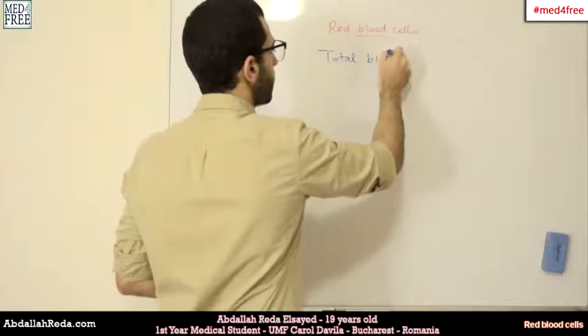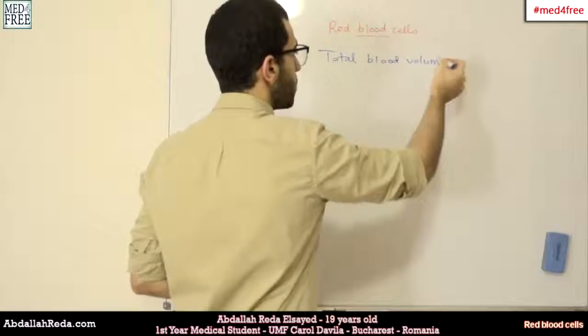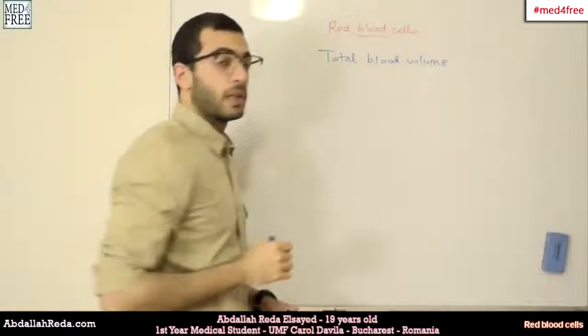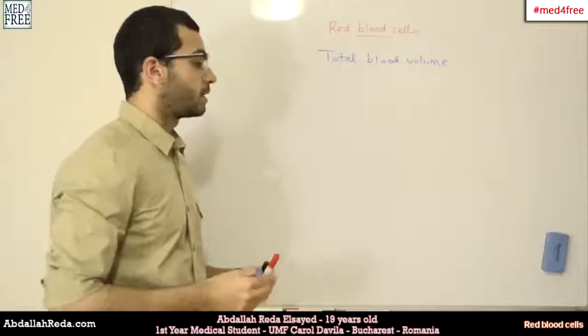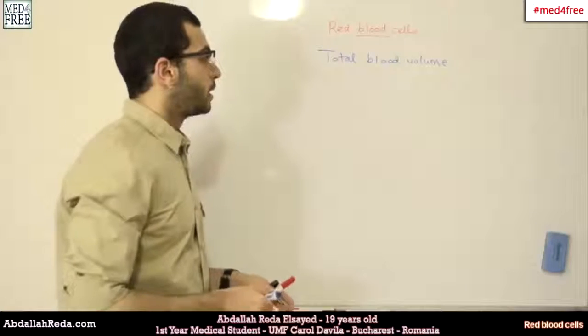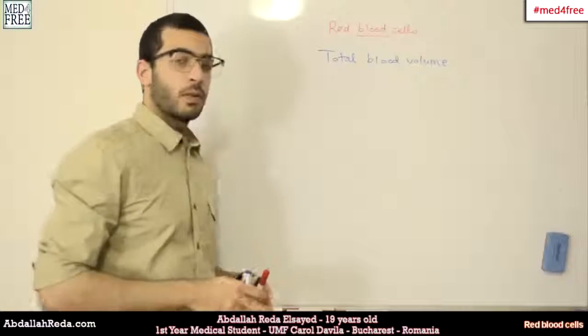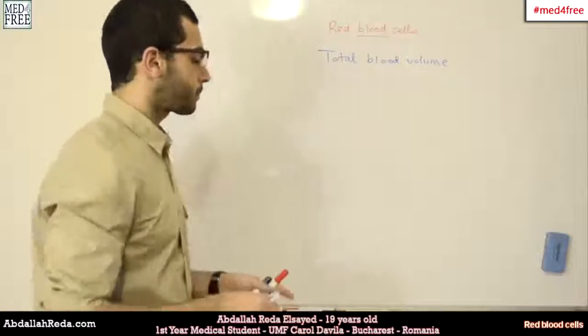Last time, we mentioned how we can measure the volume of the plasma, but not the total blood volume, because the blood contains the plasma plus the red blood cells. But measuring the fluid compartment actually measures just the plasma, not the red blood cells.